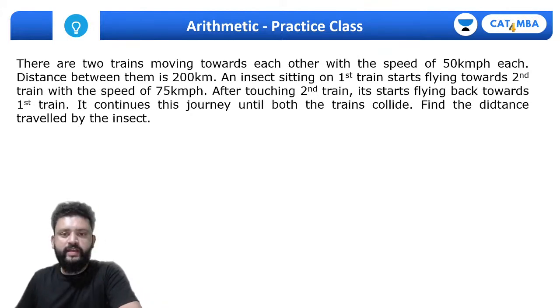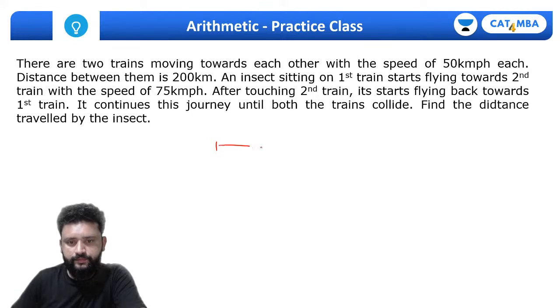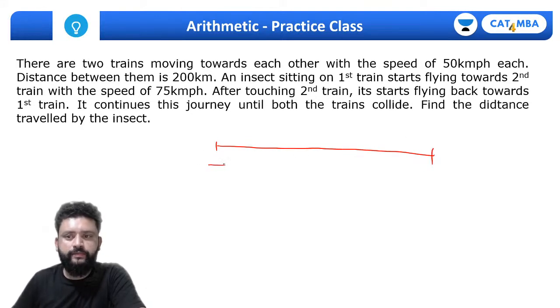There are two trains moving towards each other with the speed of 50 km per hour and 50 km per hour. You can easily understand. Finish it quickly.